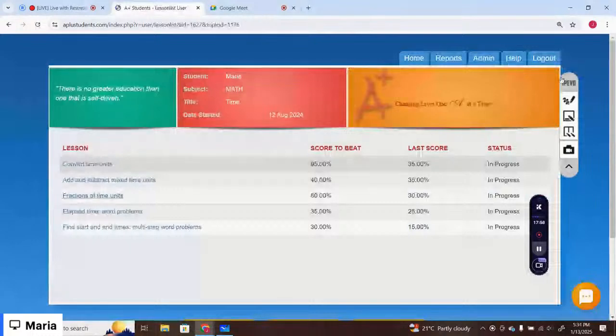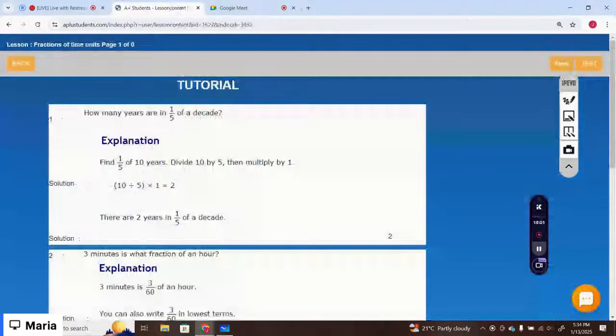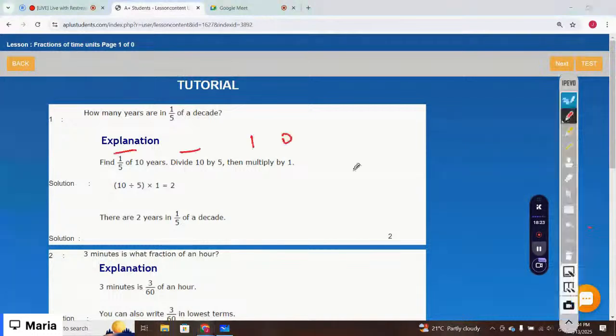The next lesson is fractions of time units. How many years are in 1/5 of a decade? In a decade, there are 10 years.